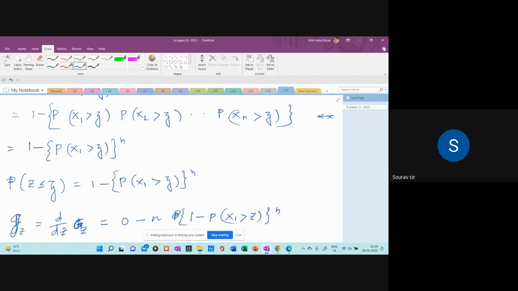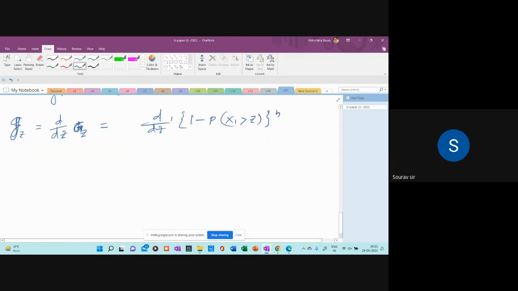So let me change this step. So that is going to give me 0 minus and again 1, again 0 minus n into probability x1 greater than equals to z.